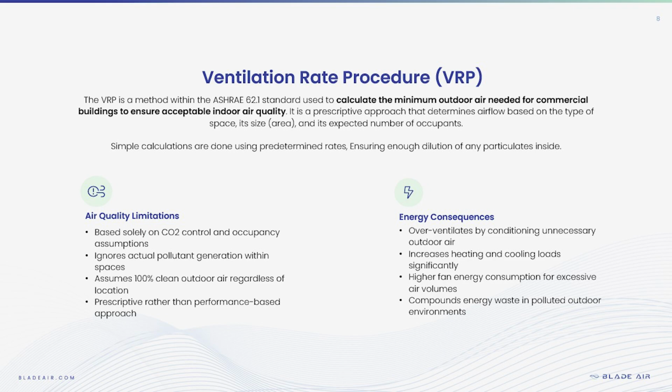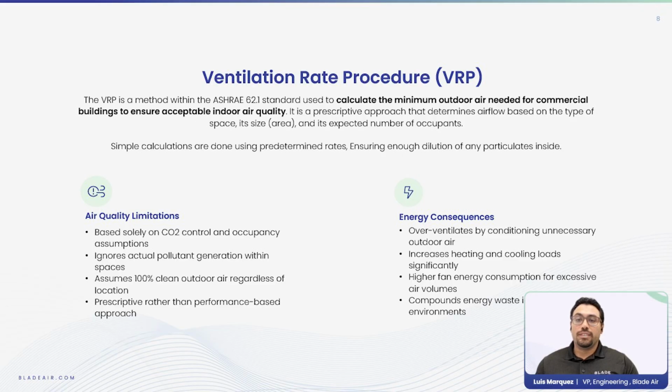From a technical standpoint, the fundamental flaw is that the VRP was developed as a prescriptive one-size-fits-all approach, based primarily on CO2 control and general occupancy assumptions. It doesn't consider the actual contaminants inside the space, or the quality of the outdoor air source. So from a technical perspective, VRP essentially treats all outdoor air as perfectly clean dilution air.